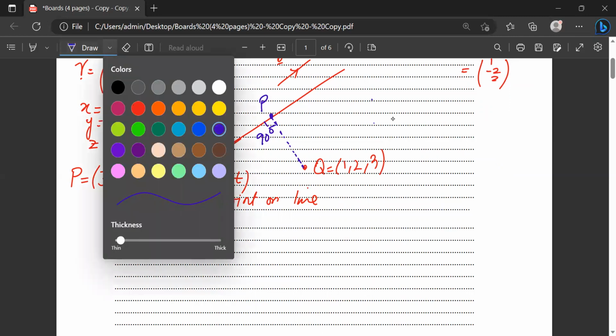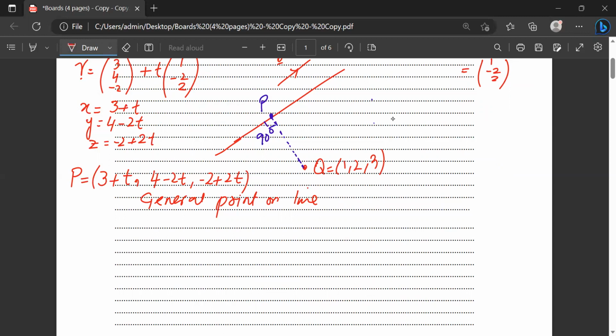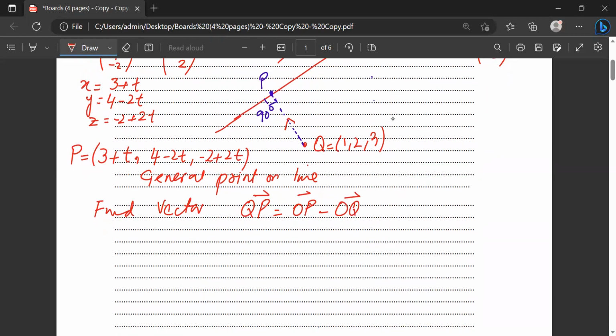So how do we find that value of t, which gives you the point on the line which is closest to Q? We follow this procedure: find the vector QP. This vector can be obtained by writing QP as OP minus OQ in terms of the position vectors. OP is given in terms of t.